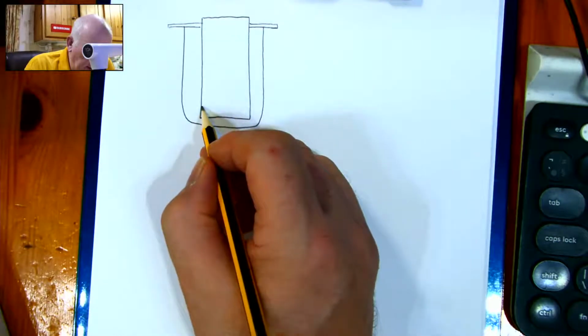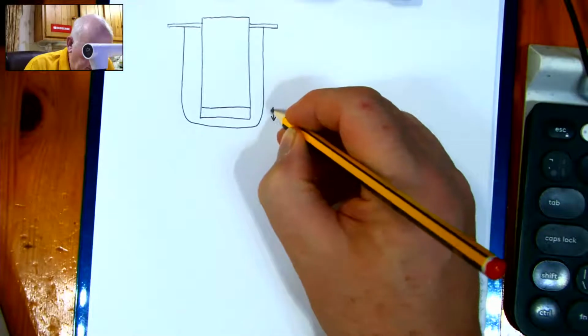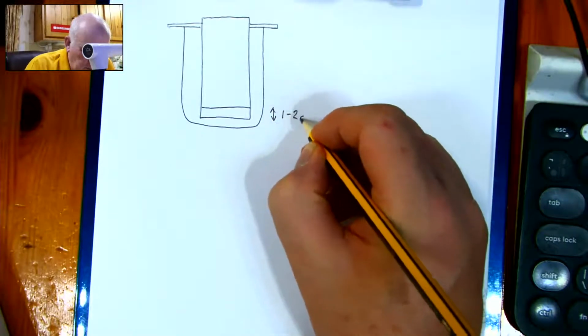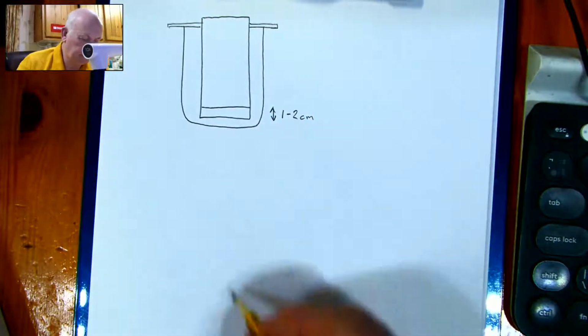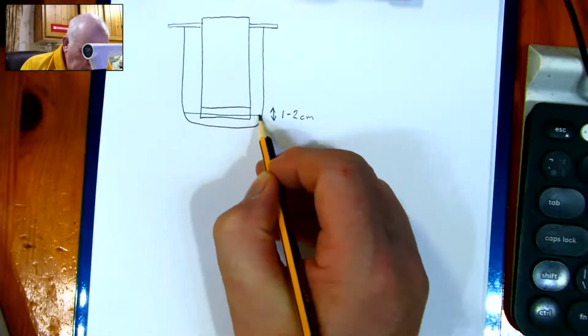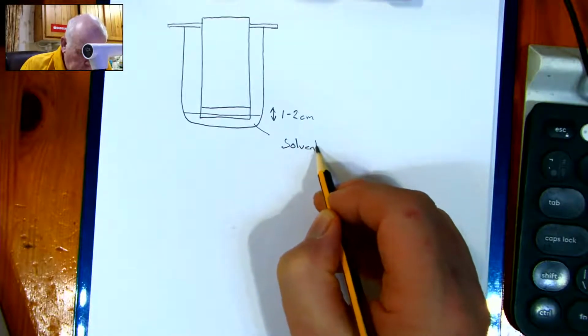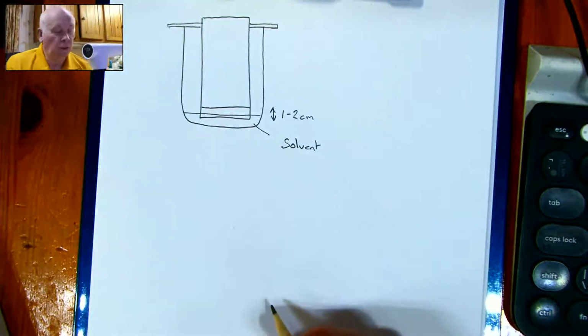On this piece of paper, we draw a pencil line, usually about 1 to 2 centimeters from the bottom, and we stand this paper in the solvent. And this solvent can be water, but in fact it can be lots of other things.